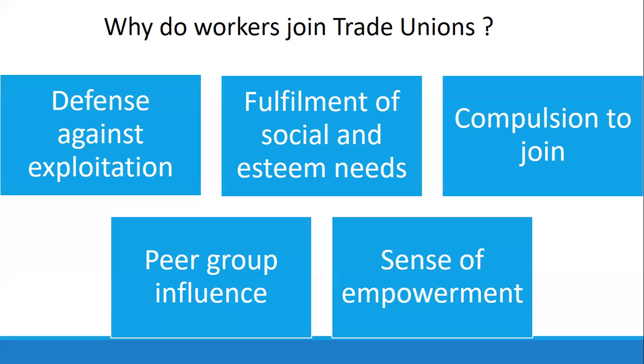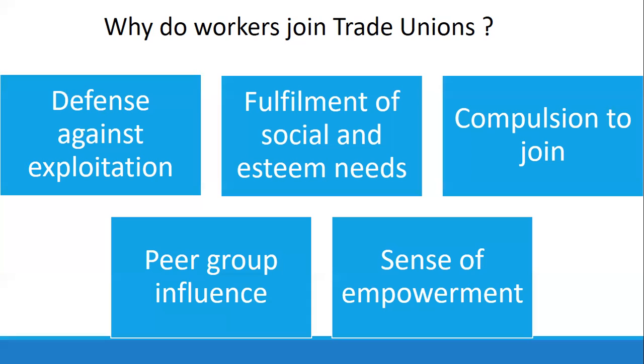The second reason is they want to fulfill their social and esteem needs. Sometimes employees may join trade unions because they may like to have the company of people with similar interests and attitudes. If they feel that joining that group is going to provide satisfaction, definitely they may join this union.